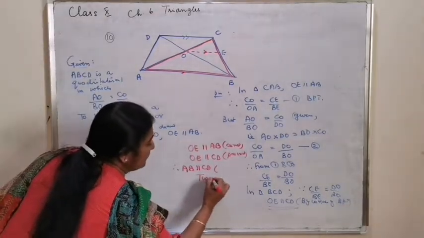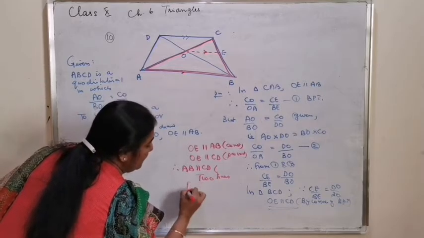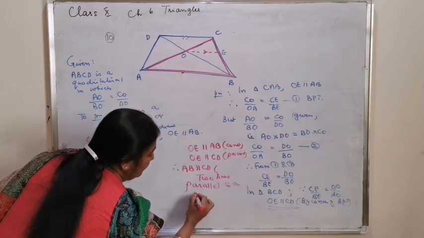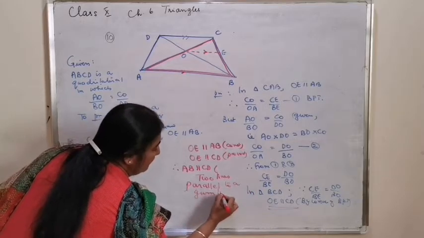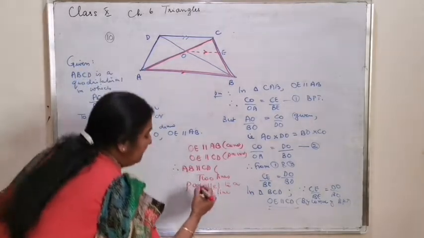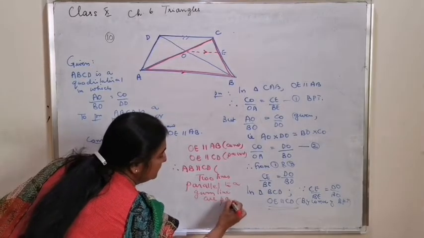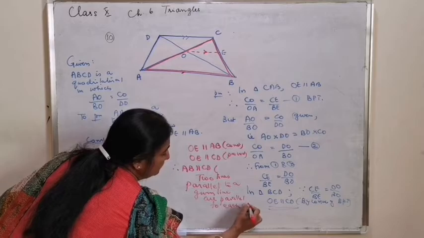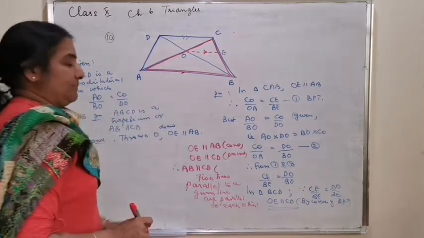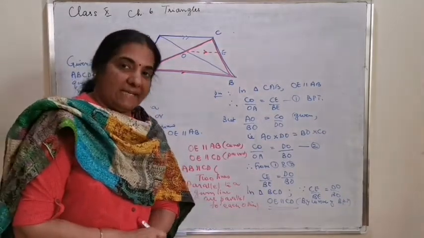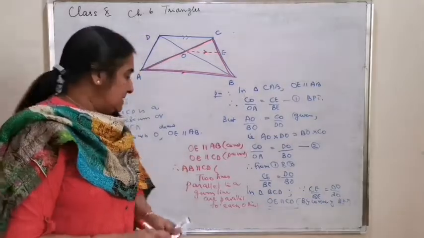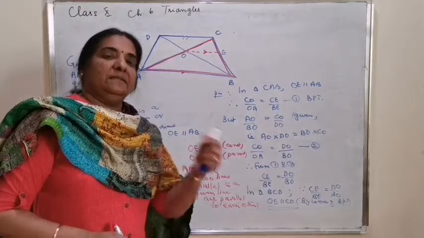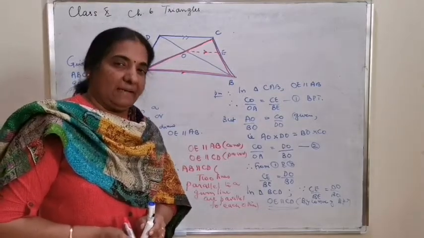Two lines parallel to a given line are parallel to each other. This is a property you have learned in 9th standard. If there are two lines parallel to the same line, then the given two lines are also parallel to each other.